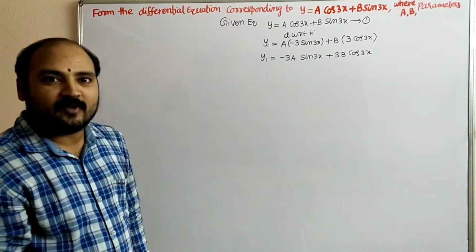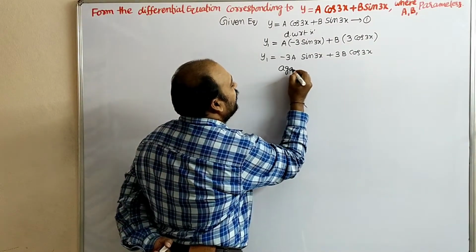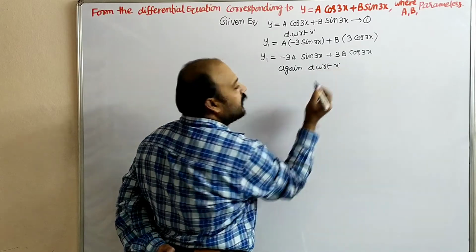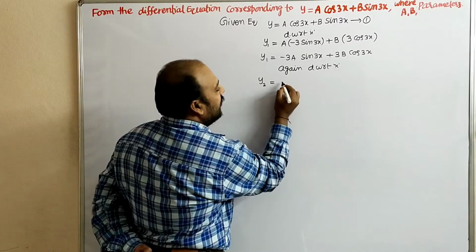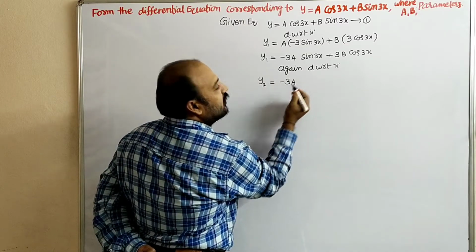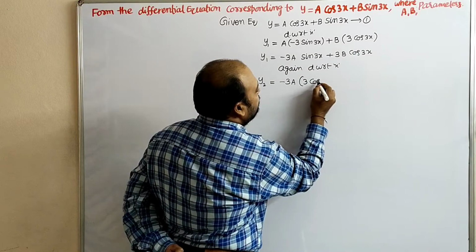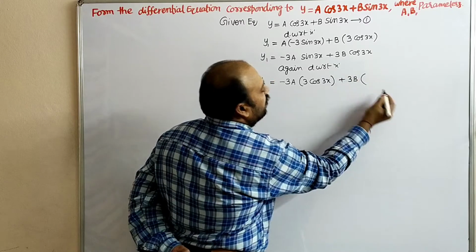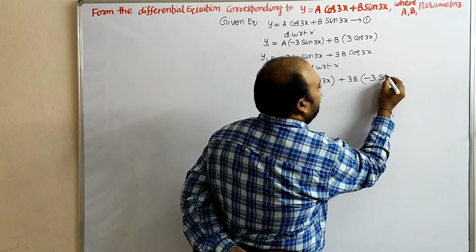One more time you have to differentiate, now two constants are there. So again differentiate with respect to x. So y1 derivative is y2, minus 3a constant, d by dx of sin 3x is 3 cos 3x, plus 3b into d by dx of cos 3x, minus 3 sin 3x.